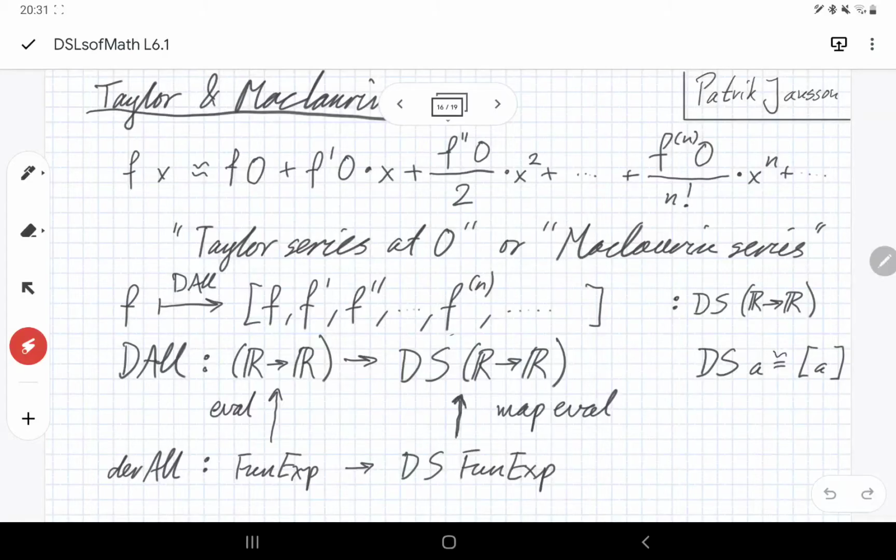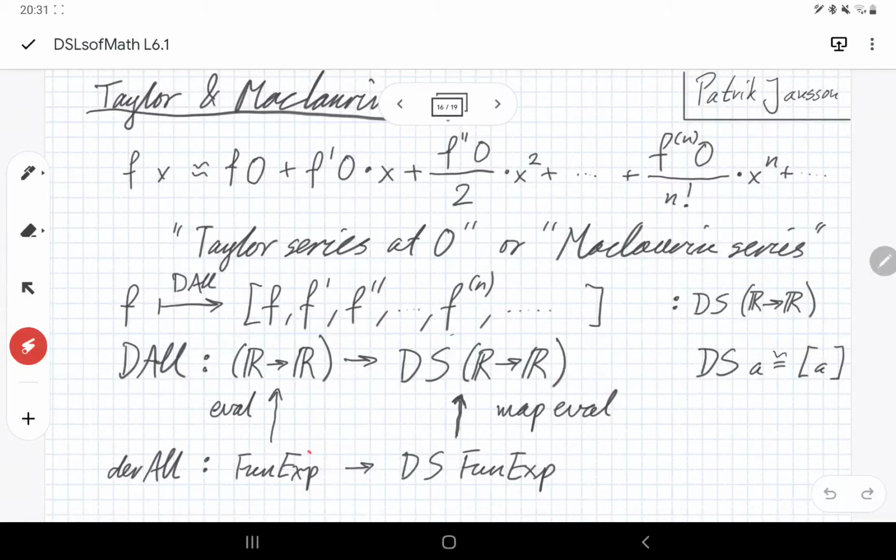Okay, and now I've added two arrows. So this arrow says that I know I can evaluate a funexp to a function from R to R. And then you might wonder, can we first compute a list of funexps and then map eval on all of these funexps?